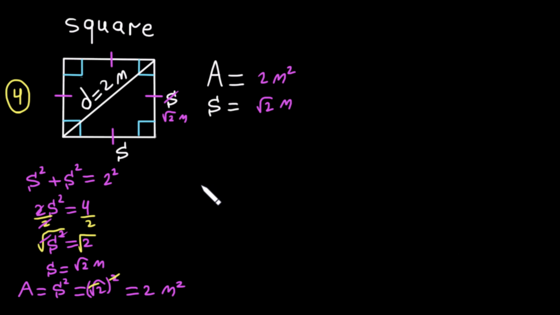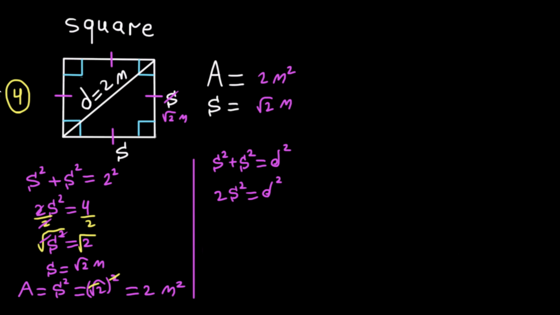Now let's derive the formula to find the area if we are given the diagonal. Now, instead of 2 squared, we will write d squared because here we have a right triangle. We use the Pythagorean formula, which is s squared plus s squared equals d squared. Now, let's simplify this. s squared plus s squared, which is 2s squared, equals d squared.